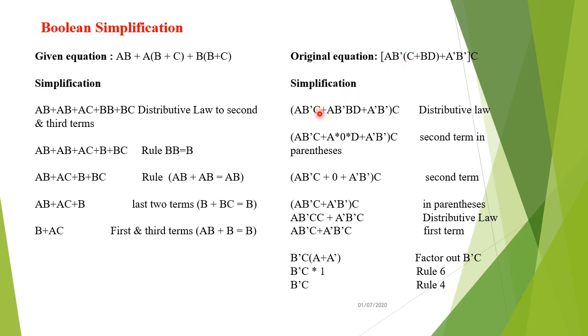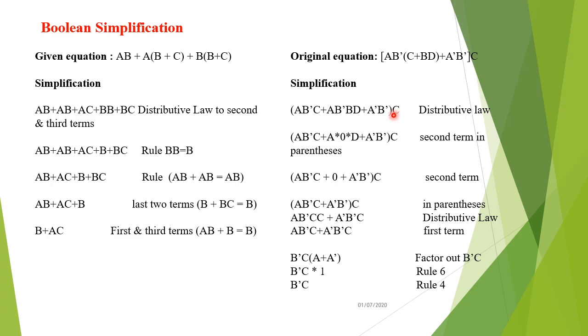So it will result in A complement A B complement C, then ORed with A B dash BD, plus this A dash B dash will be kept as it is, and outside this whole brace the ANDing by C will be written as it is.